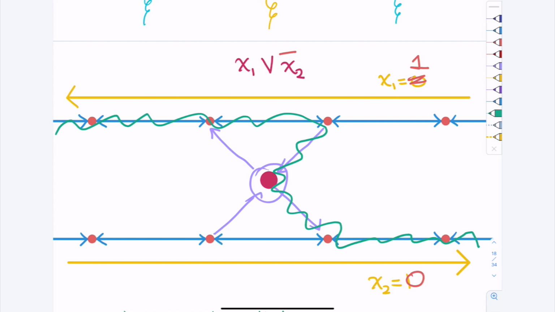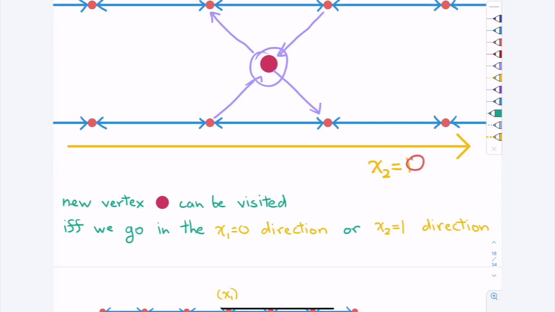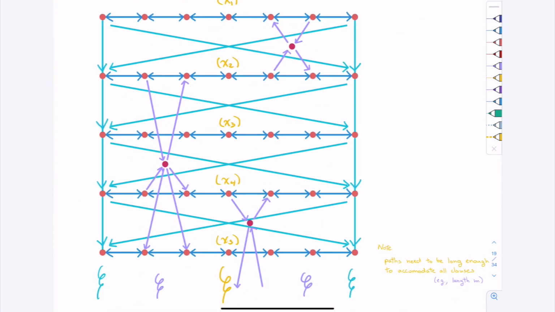All right, so that's the high-level idea. We'll make an extra vertex for every clause. That's very easy to visit if you're going in the correct direction for one of the corresponding variables, and essentially impossible if you're not. Okay. So if you put the whole thing together, it might look like this.